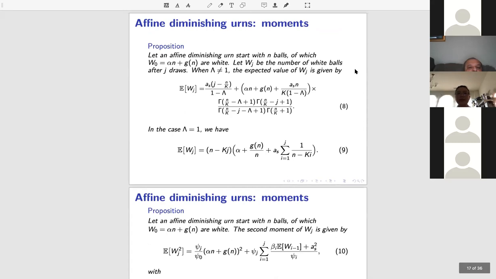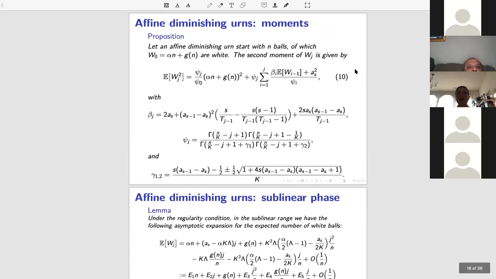For the expectation, we find that the representation is dependent on the Erg index lambda. When lambda is not 1, the expectation is given by equation 8, and when lambda is 1, the expectation of W_j is given by equation 9. Then for the second moment, we find that it is given by equation 10.